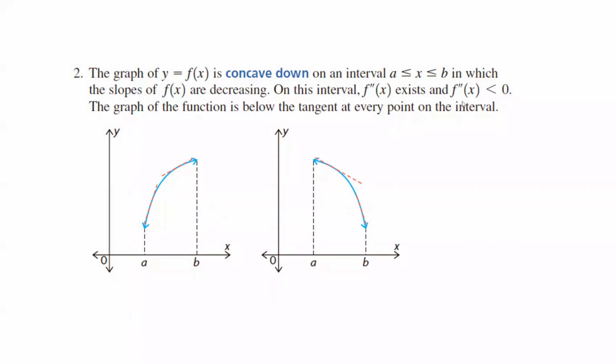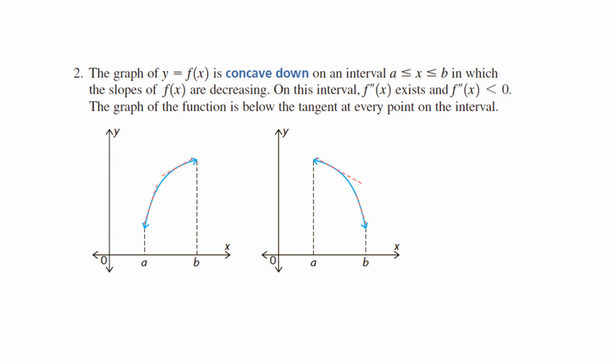In concave down, the slope would be above the graph all the time. You mixed it up a little bit. Not the slope, but the tangent line. Tangent line, sorry. The tangent line would be above the graph. Okay.